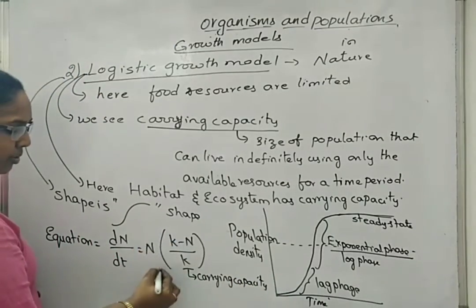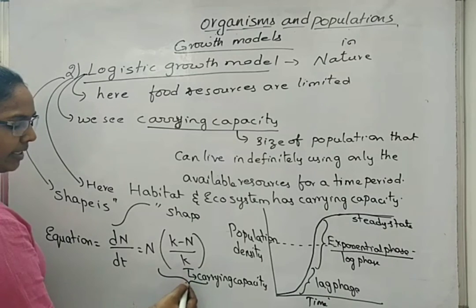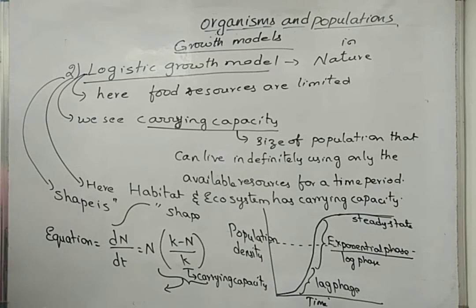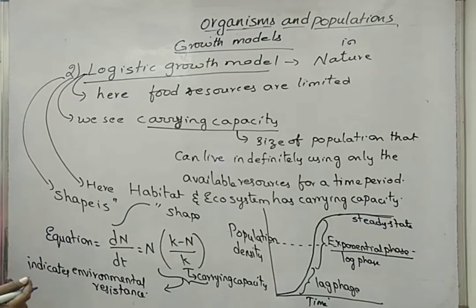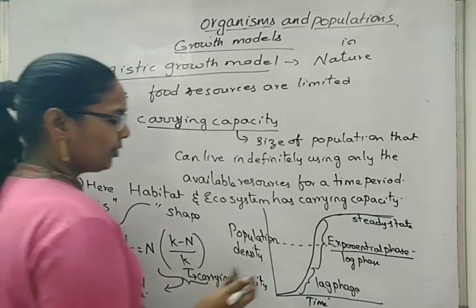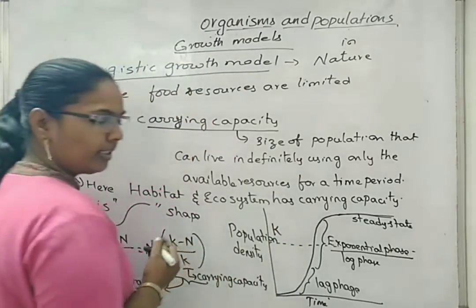Now, this K minus N divided by K indicates environmental resistance faced by the organisms to survive in the population. Next, we should remember K, which we can mention here as carrying capacity.